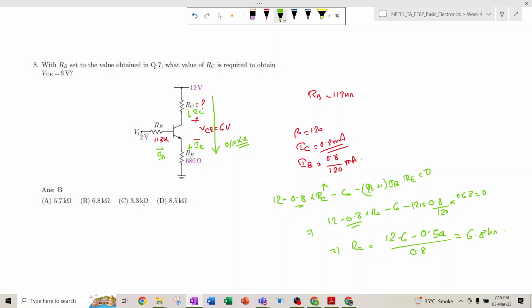So this RC value should be 6.8 kilo ohm. This value of RC is required to obtain VCE equal to 6 volt.